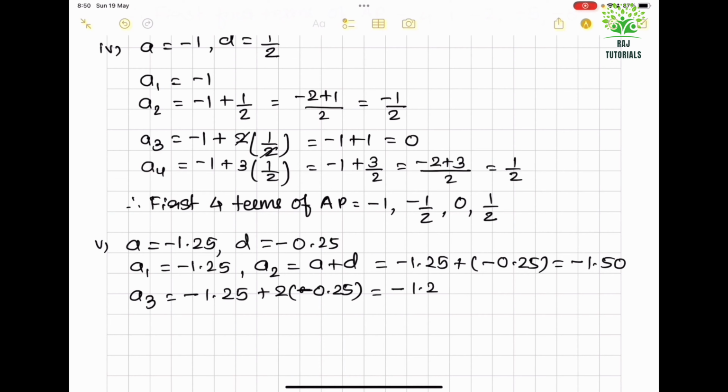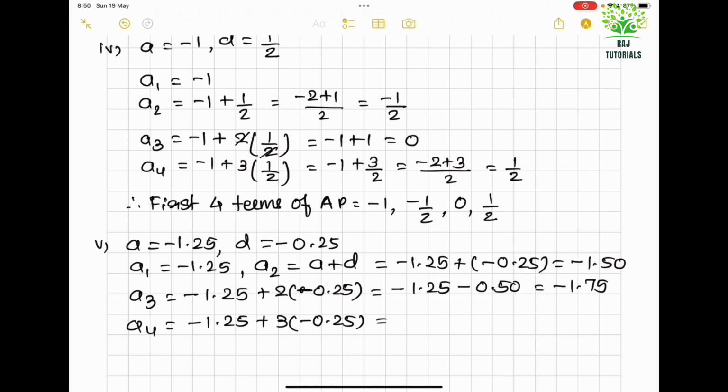So that will be minus 1.25 minus 0.50. So that is minus 1.75. A4 will be minus 1.25 plus 3 into minus 0.25.